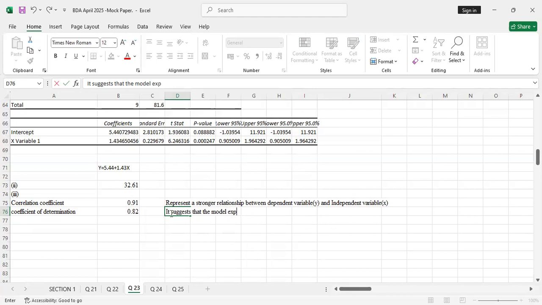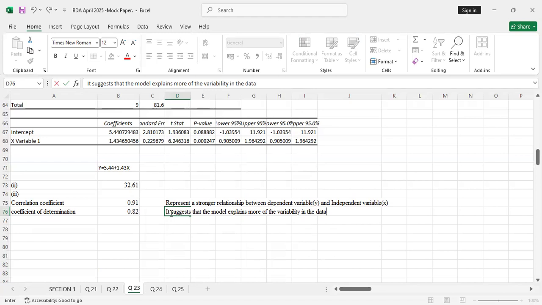of the variability in the data. That's how you interpret it.